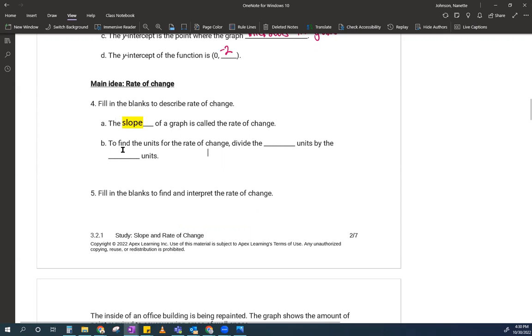Okay, and then it says to find the unit rates of change, divide the outputs by the inputs. Here it says outputs.